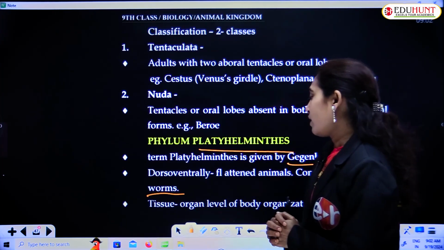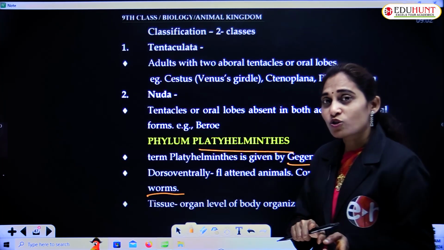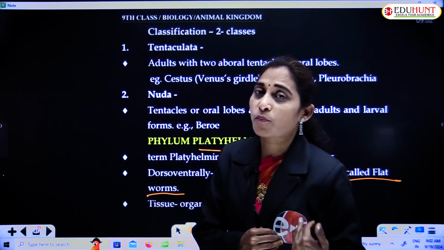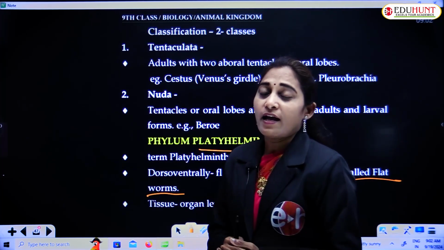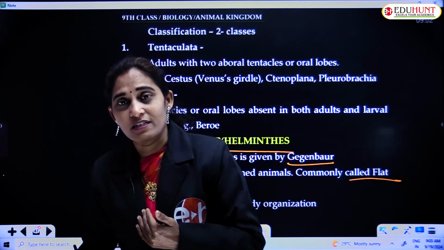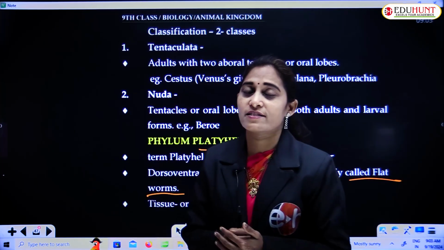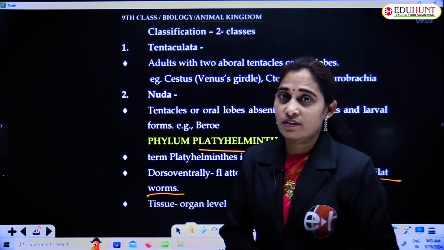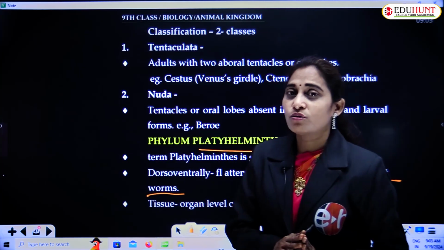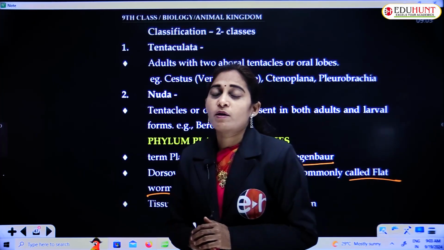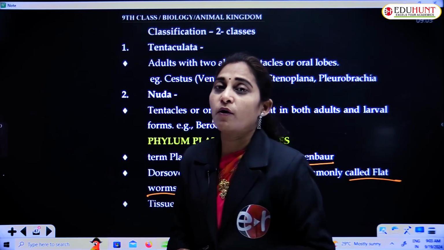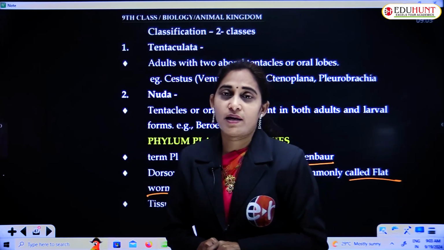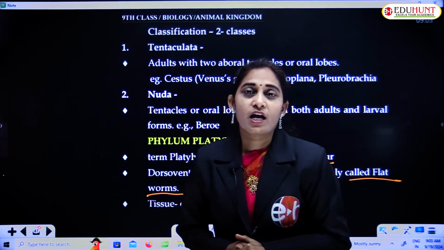The organization is tissue to organ level, because in Protozoa we have seen subcellular or protoplasmic organization, and then in Porifera there is cellular grade organization, where only specific cells perform a particular function, like choanocytes.